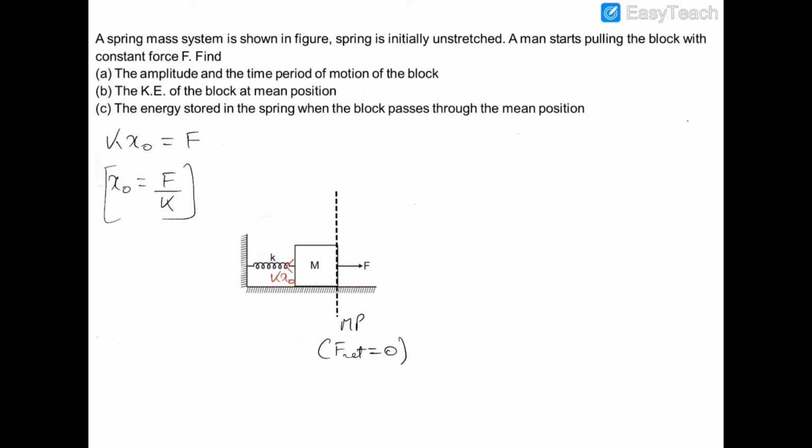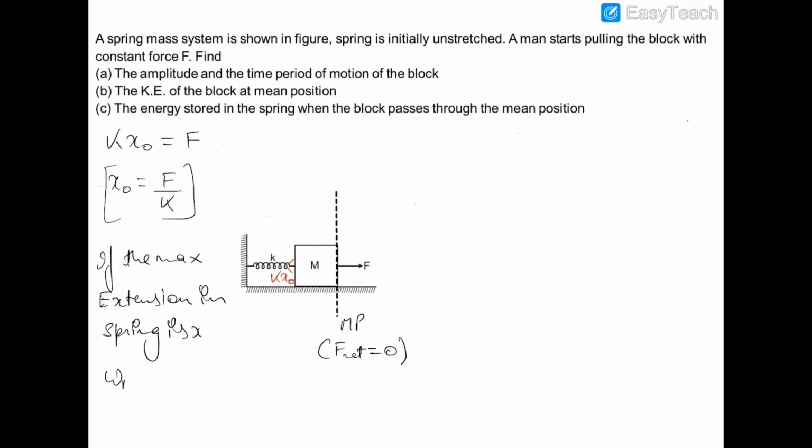So let us suppose that this force F has started to act on the spring from the relaxed position, and therefore the maximum extension in the spring is x. So we are assuming that the maximum extension in the spring is x.